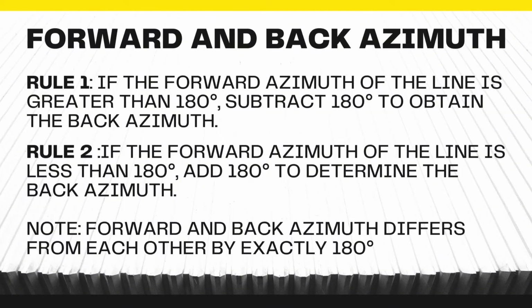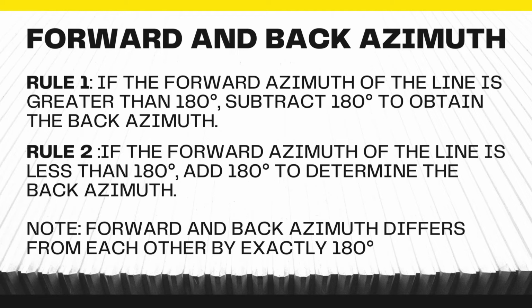Forward and back azimuth. So we have here a set of rules that are used to determine the back azimuth when the forward azimuth is known. So first, the first rule tells us that if the forward azimuth of a line is greater than 180 degrees, we just have to subtract 180 degrees to obtain the back azimuth.